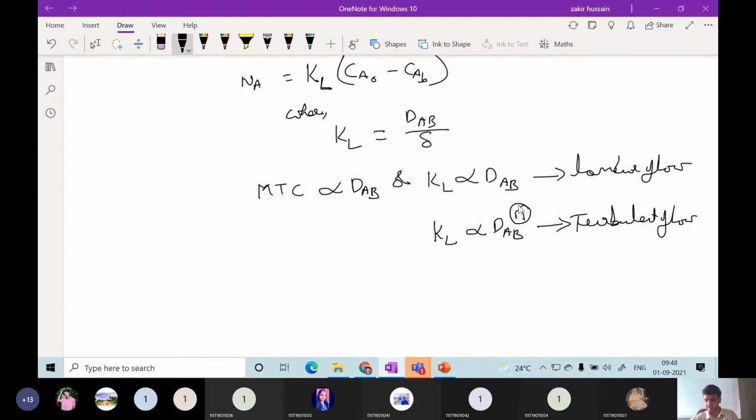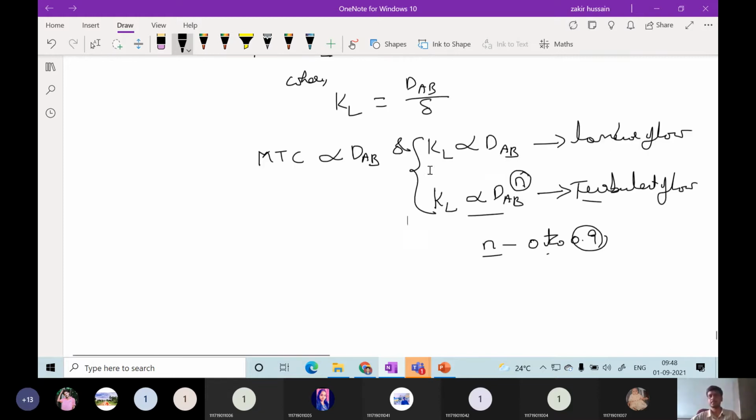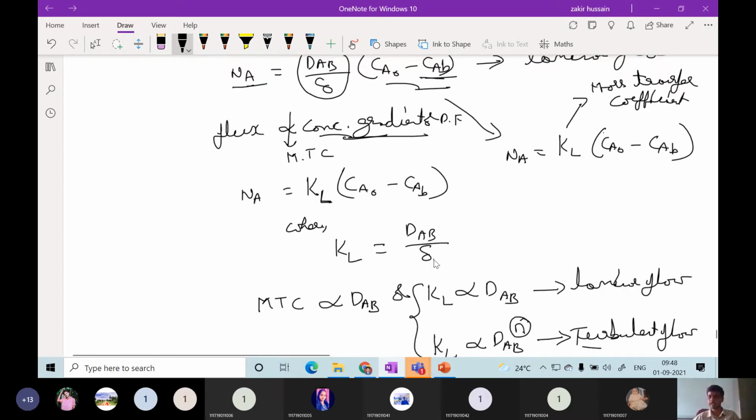This N is some constant, which will be in the range of 0.0 to 0.9, depending on the operating conditions. These two relationships are valid for turbulent flow and laminar flow. Mass transfer coefficient is defined in this way, and delta is the film thickness.